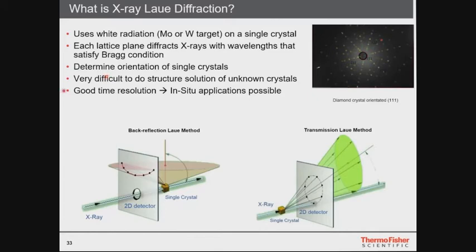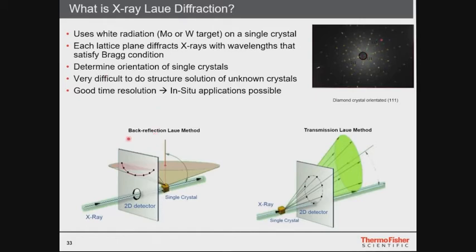But it has quite good time resolution because you get a lot of information in a short time. So it's also possible to use it for in-situ applications, which is mostly done with synchrotrons, but it's maybe also possible in a lab. There are two different setups.